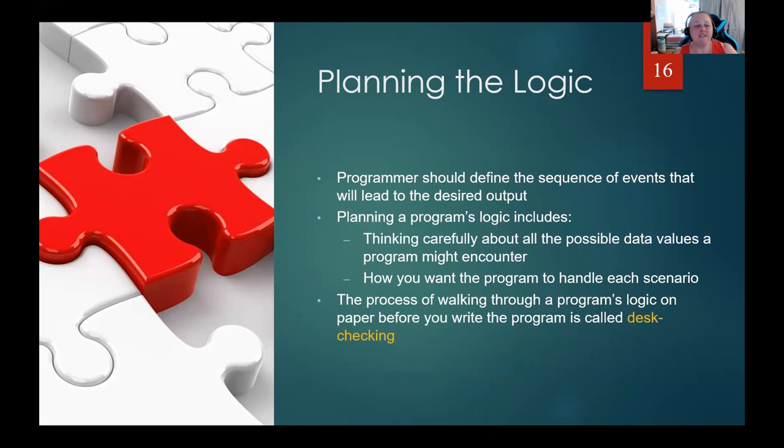Planning the logic, you need to know what to do and what order to do it in, so you need that sequential set of steps. This includes thinking carefully about all the possible data values that you might encounter and how you want to deal with each scenario. For example, if you want an input of an age and someone types in the word BLUE, what do you want to do?